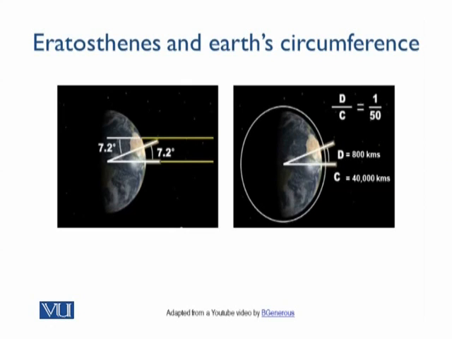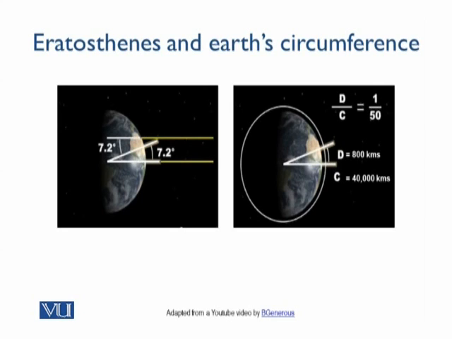So to calculate the circumference, he needed the distance between Alexandria and Syene. And he got a person to pace out this distance, and it came out to be a measurement of 800 kilometers. So from that, he again inferred that if 7.2 degrees is 1/50th of 360 degrees, then 800 kilometers must be 1/50th of the entire Earth's circumference.